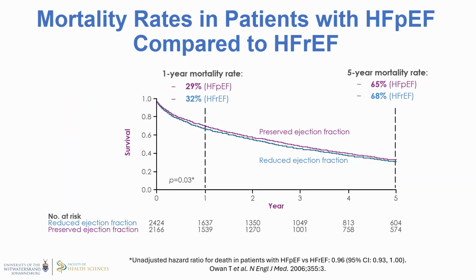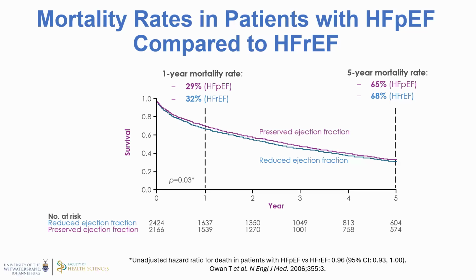This Kaplan-Meier graph adapted from a study done by Mayo Clinic hospitals between 1987 and 2001, involving 4,594 patients, just shows that heart failure with preserved ejection fraction and HFrEF have similarly high mortality rates.